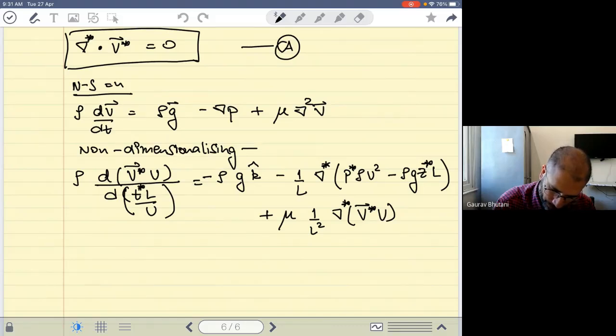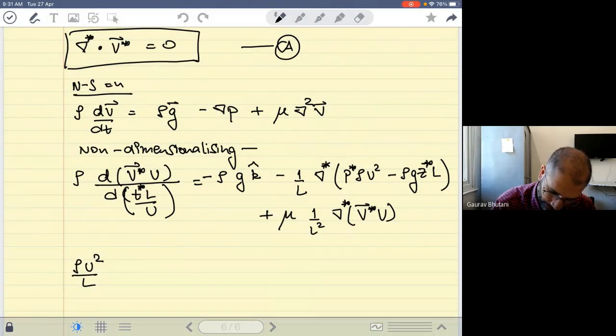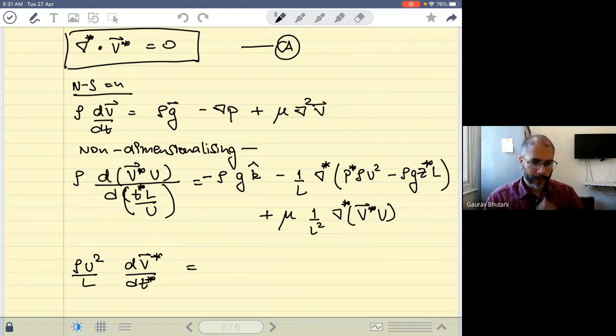So we'll have a u square, and then we'll have 1 by L. Right, so that's the left hand side.